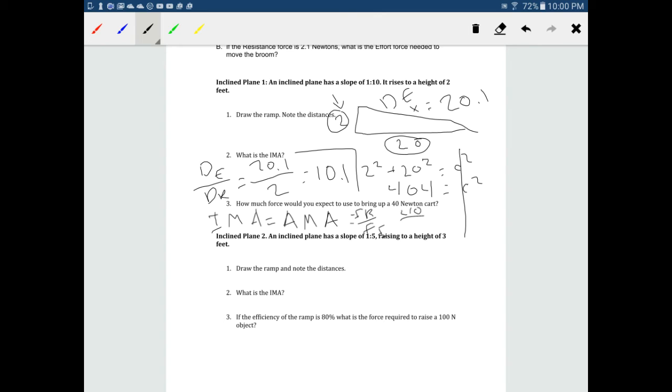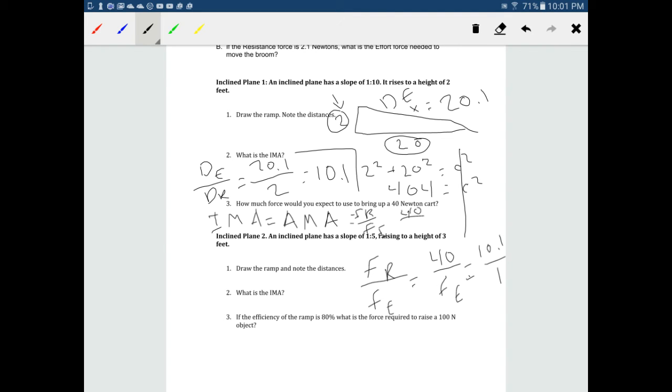FR over FE equals 40 over FE. We don't know our FE yet, but we do know what our AMA is because it's equal to our IMA, so it's going to equal 10.1 over 1.